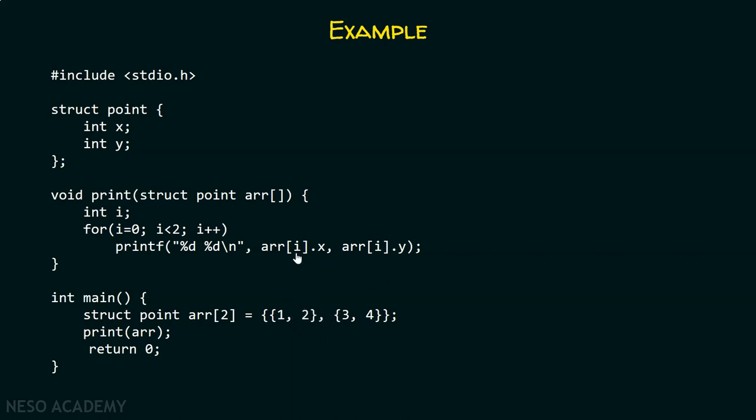Similarly, when i becomes 1, arr[1].x means we are accessing this value, 3, and arr[1].y means we are accessing this value, 4. In this way, we print all the values on the screen and the output must be 1, 2, 3, 4. This is how this program works.